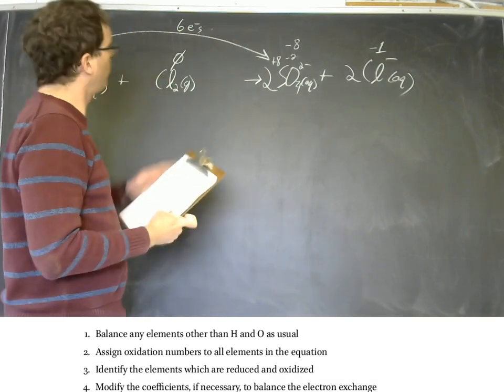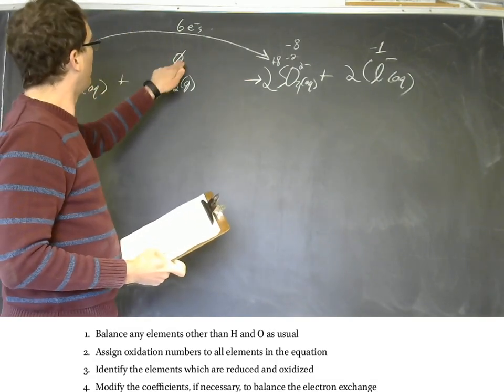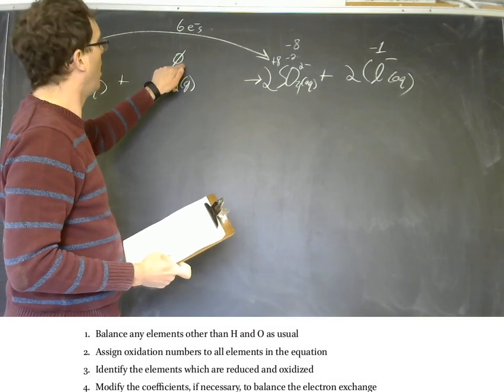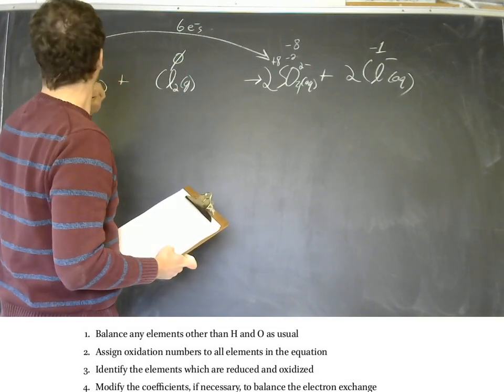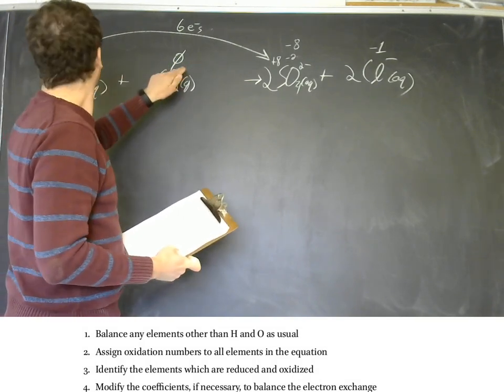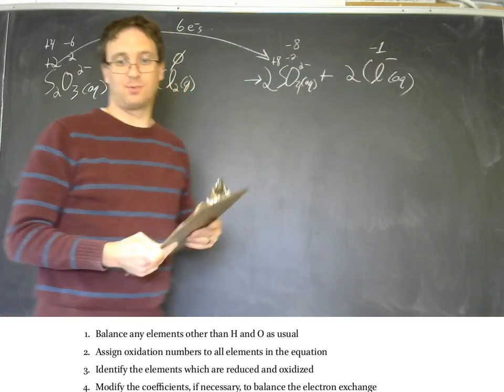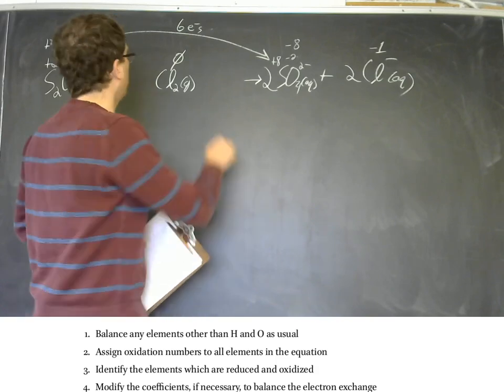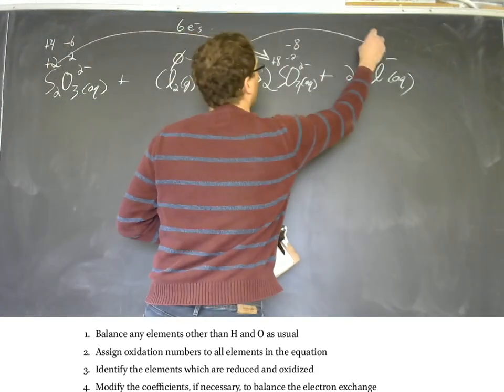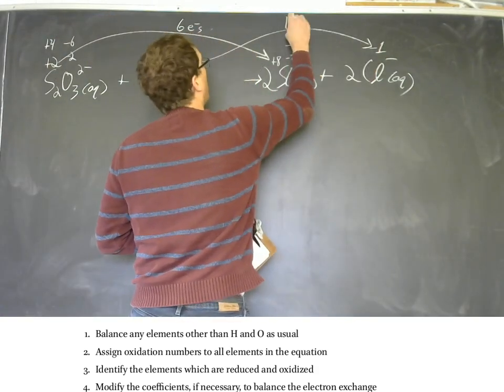And then the chlorine went from a 0 to a -1, so it was reduced. It gained electrons, and each chlorine gained 1 electron.